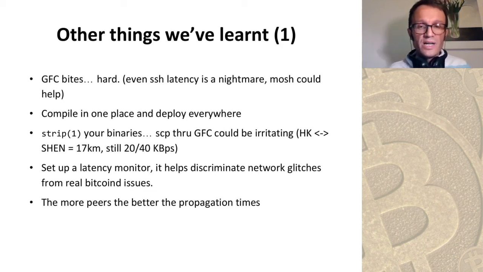Copying files through the Great Firewall of China can be really irritating. The actual distance between Hong Kong and Shanghai is 17 kilometers, yet copying a Bitcoin binary from one point to another can take a lot of time.